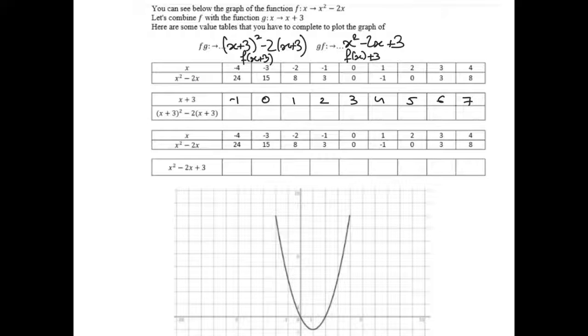The only difference is that here, this calculation happens when x is minus 4, meaning that this x plus 3 is minus 1. So the value we find here is the value we worked out right there. So all we need to do now is just copy the corresponding values from our table. We don't need to work out what we have there.